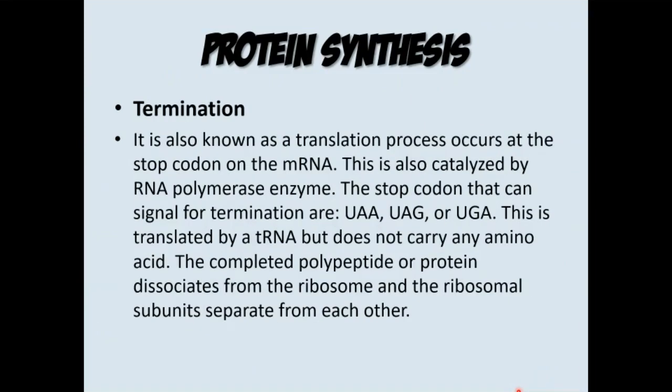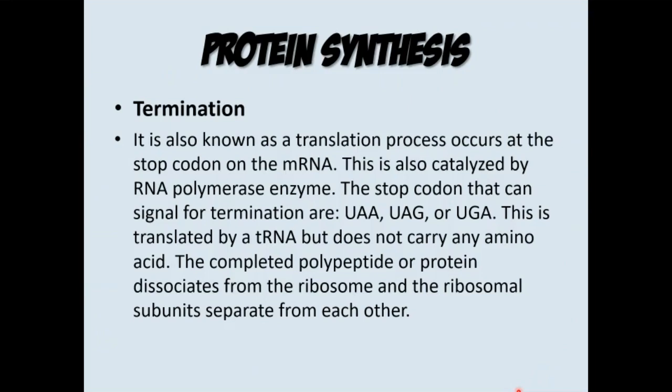Then termination. It is also known as a translation process occurs at the stop codon on the mRNA. This is also catalyzed by RNA polymerase enzyme. The stop codons that can signal for termination are UAA, UAG, or UGA. No? Yun yung stop codon dito. Alam ko, nabanggit ko na to kanina.